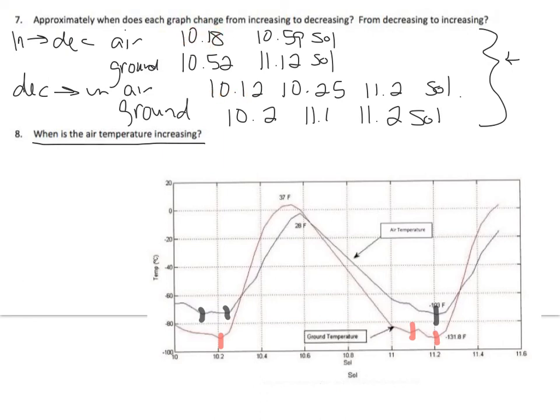So I'm going to bracket it: 10.12, 10.18, and then again 10.25 to 10.59. So those two intervals.